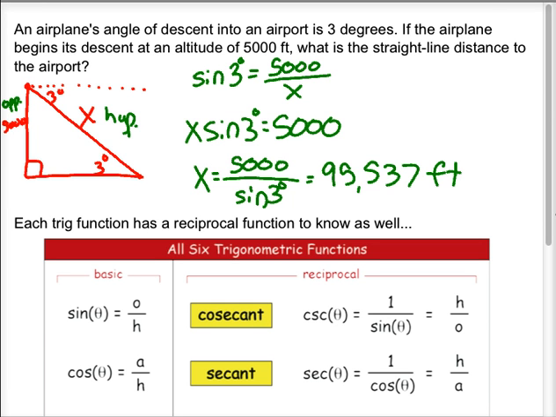So that plane still has a long ways to go with an angle of descent of only 3 degrees. Okay, but again, goal here, draw me a picture and then figure out which trig ratio to use and solve from there.